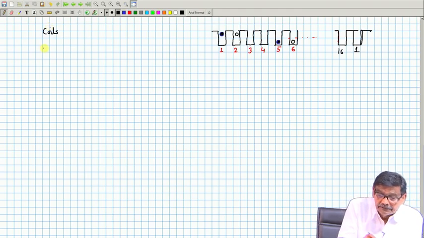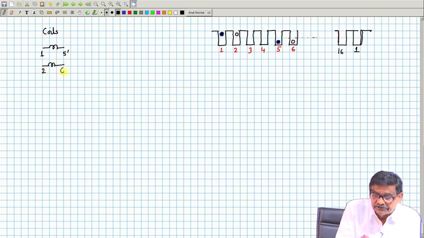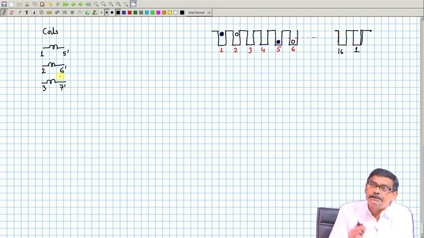So, we have seen the first coil, symbolically I am writing, and it has got 2 terminals, 1 5 dashed. Second coil, it will start from slot number 2 to 6 dashed, 3 7 dashed. Number game it is, all coils will have the same span, identical coils.